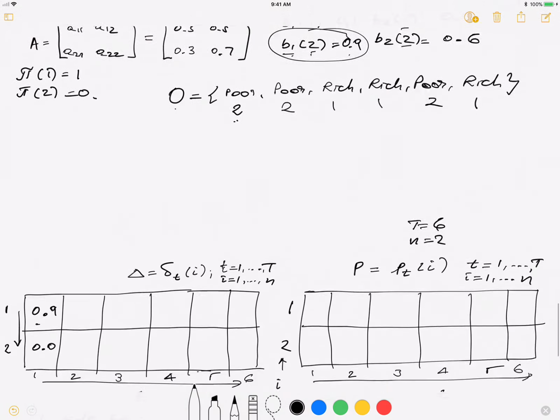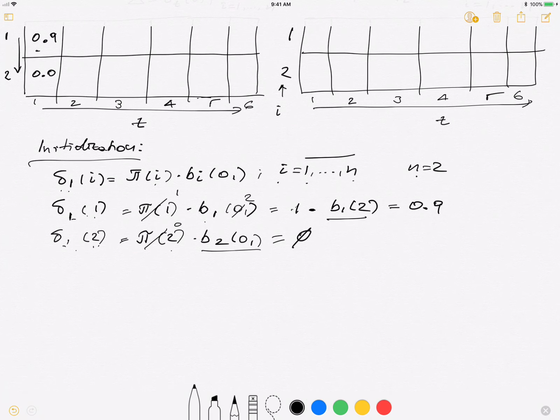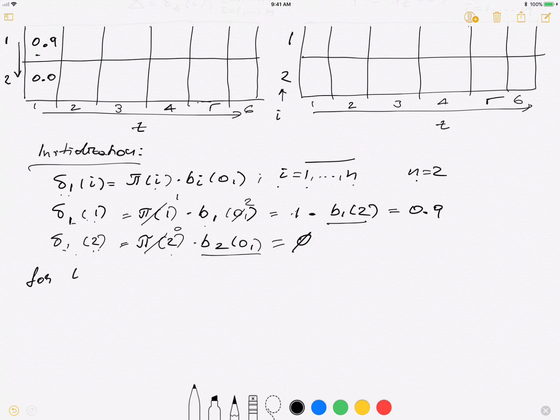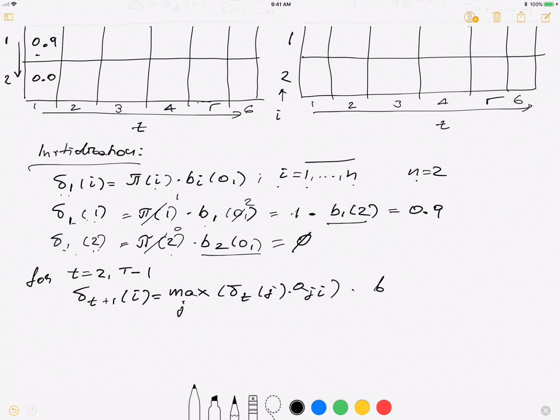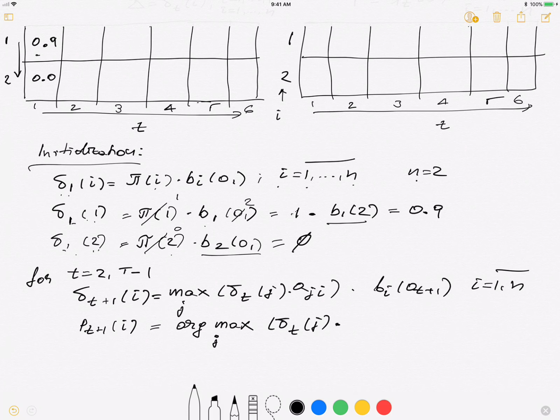Iterative step of the algorithm is: for t goes from 2 to t minus 1, delta t plus 1 of i is equal to the maximum by j of delta t of j times a j i times b i of o t plus 1, where i goes from 1 to n, and p t plus 1 of i is equal to argmax by j of delta t of j times a j i, and again i should go from 1 to n.